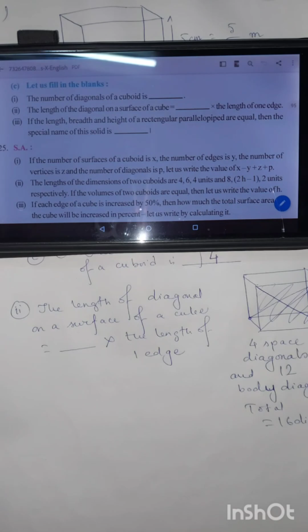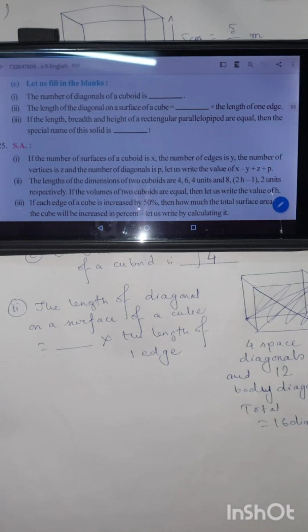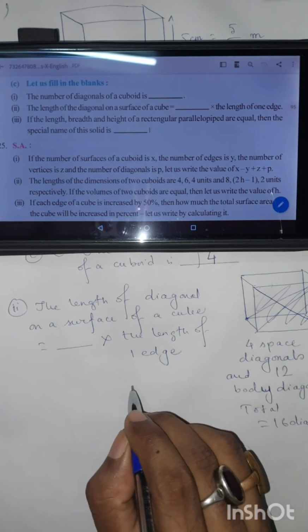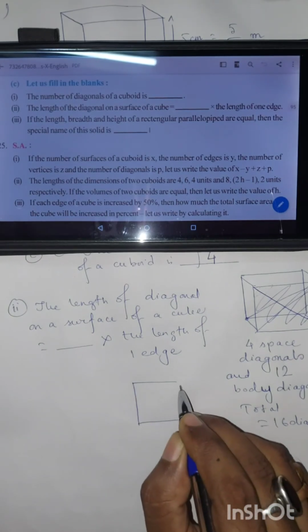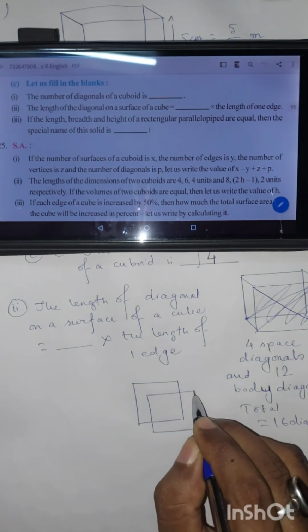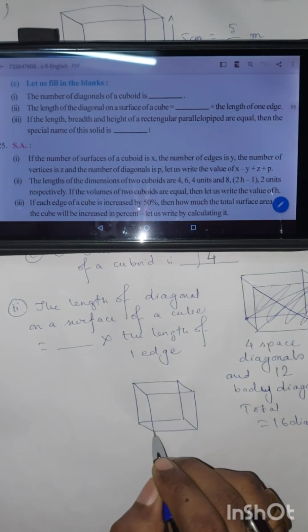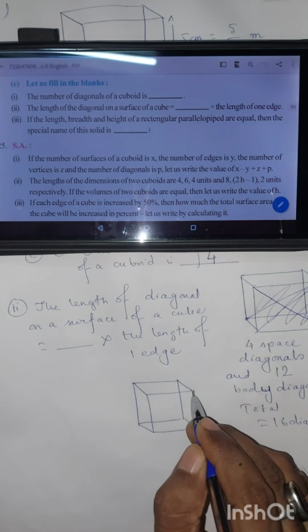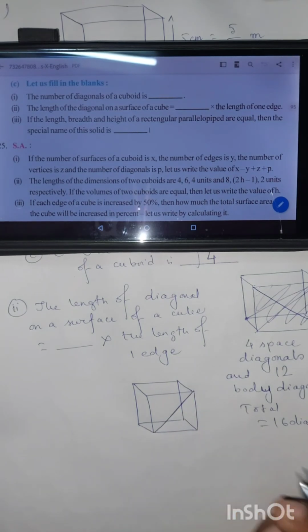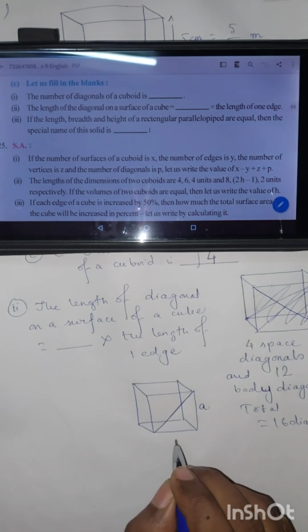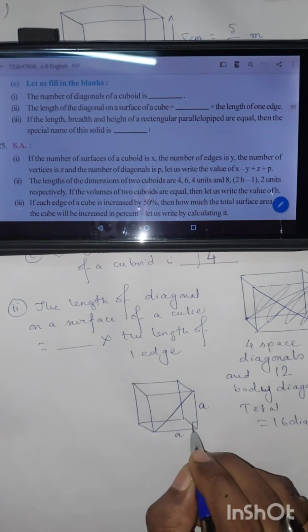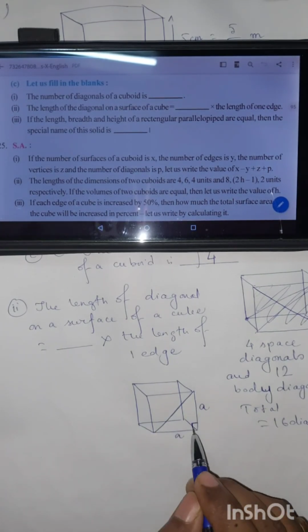So if this is our cube, then let us assume one diagonal, this, and if the length of the side is a unit, so this will also be a, and this is our 90 degree, because this surface is a square, that is why it is 90 degree.